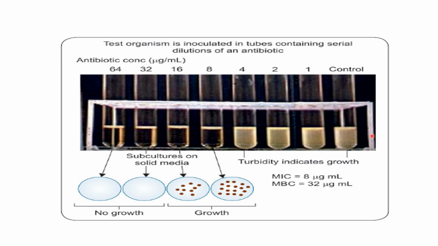From here onwards, we know the turbidity is present, and turbidity indicates the growth of bacteria. For the first four tubes that don't show any visible turbidity, to confirm whether growth is present or not, we subculture each tube onto separate solid medium. After that, we will observe the growth on the solid medium.